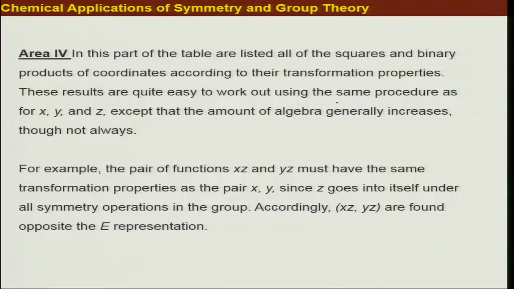Okay, so these binary functions x y, x z, or x square, y square, they form basis for certain irreducible representations, and this part will be more clear when we deal with certain properties or observations like Raman spectroscopy and all.